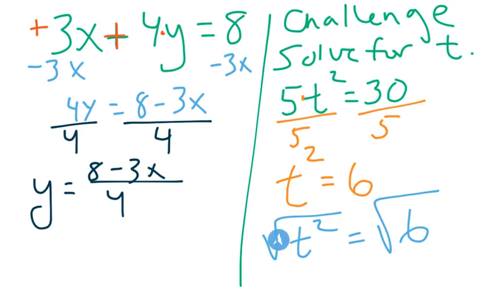And this gets a little dicey. We want to be careful here. But for the purposes of this lesson, because I don't want to get into whether t is positive or t is negative, we will just say for simplicity's sake that the square root of t squared is t, and then you would just keep the square root over the 6. Technically, just so I'm covering all the bases, this would be plus or minus.